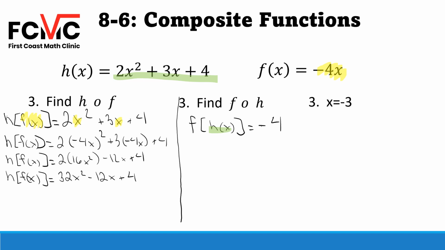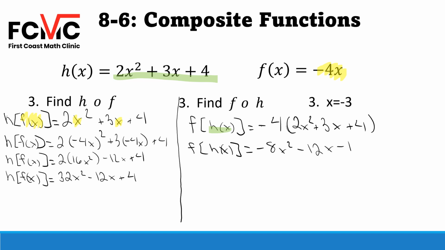So we'll have negative 4 times our h of x, which is 2x squared plus 3x plus 4. So f of h of x equals, we'll get negative 8x squared minus 12x minus 16.